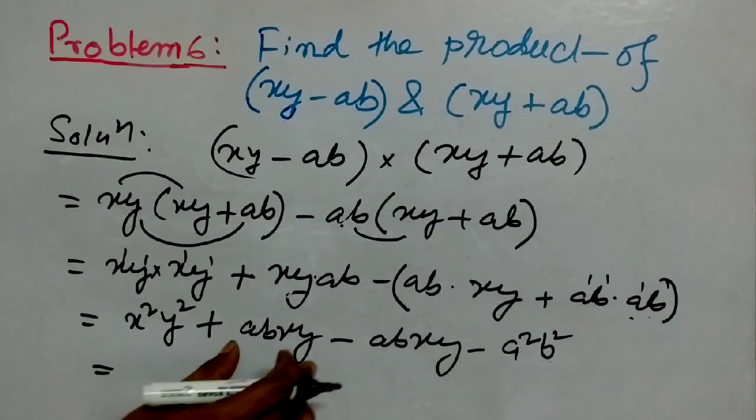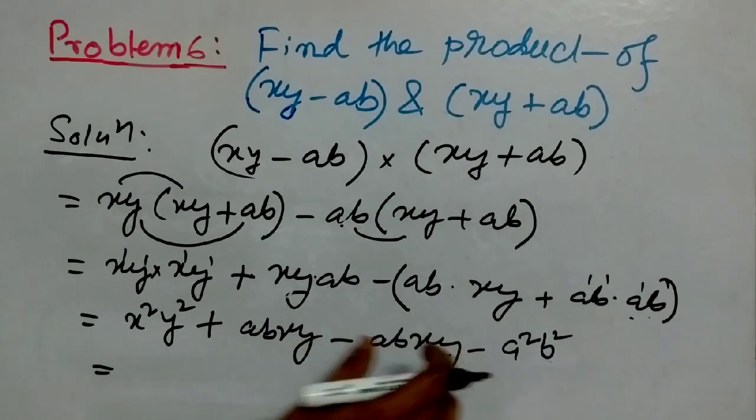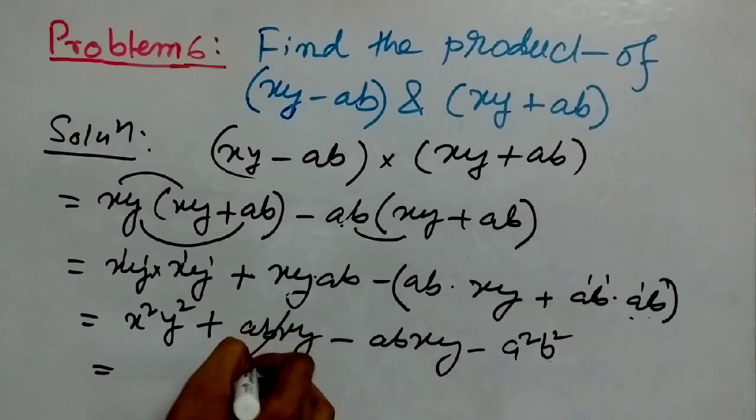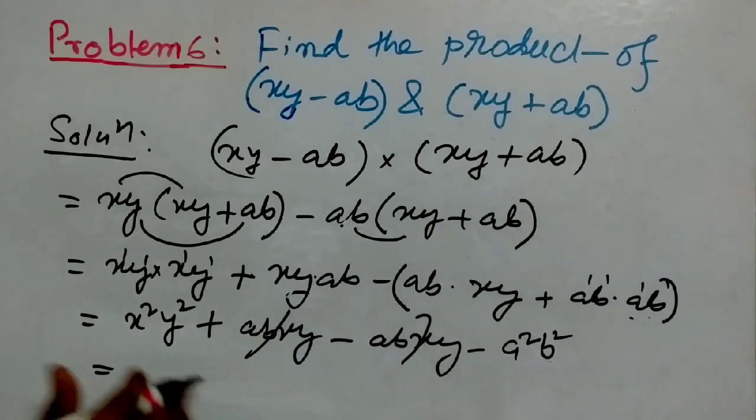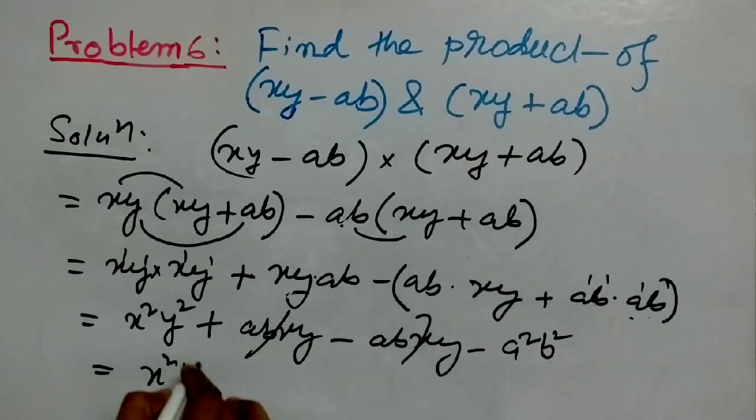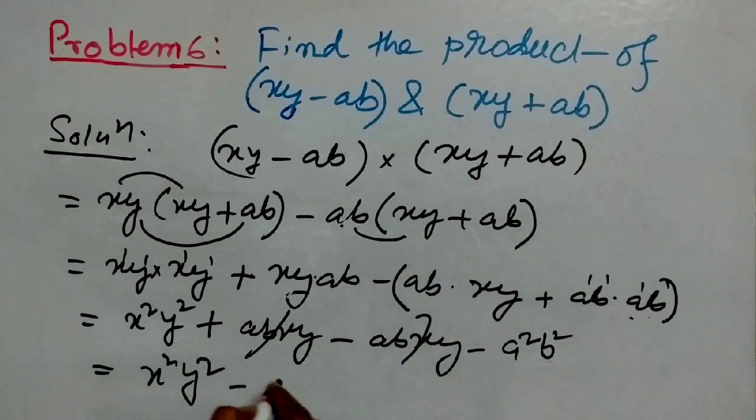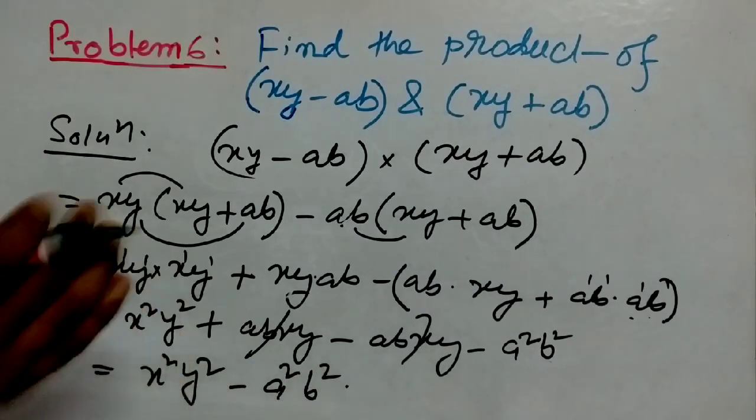Okay, so it is abxy, it is abxy, but it is positive, it is negative, so it will be cancelled. Now x square y square, and it is minus a square b square. This is the result.